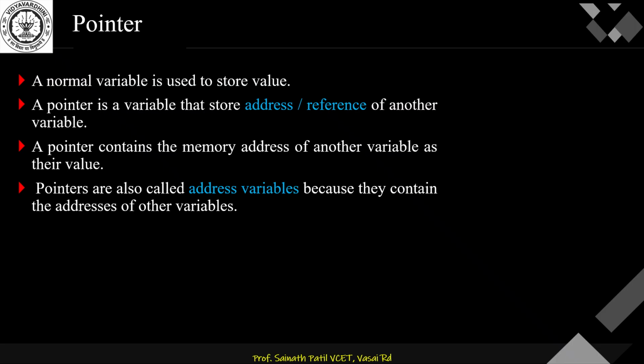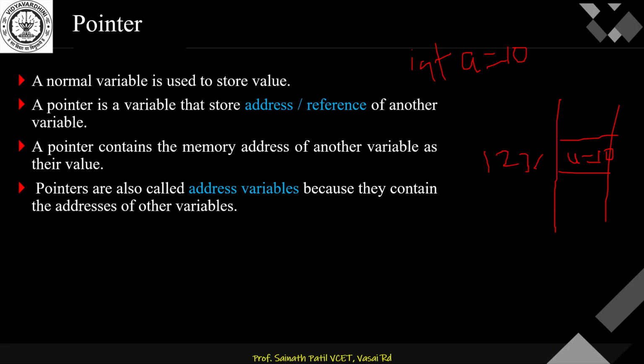For example, if I declare int a equal to 10, somewhere in memory this location A equal to 10 will be stored. For example, it is stored at address 1, 2, 3, 4. This number is nothing but the memory address at which A equal to 10 is stored.